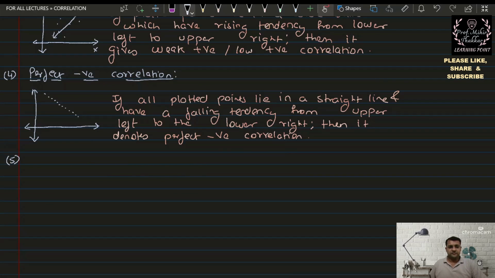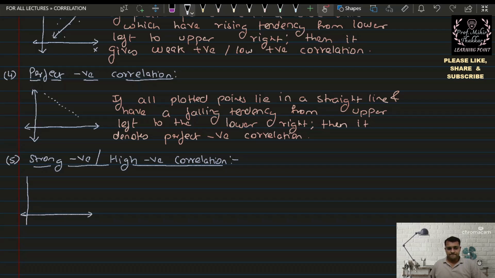Point number 5, strong negative or high negative correlation. Over here, the points are again clustered along with each other and they are showing a falling tendency.